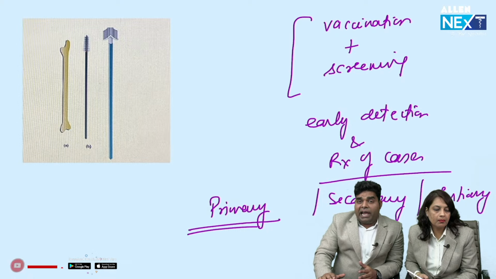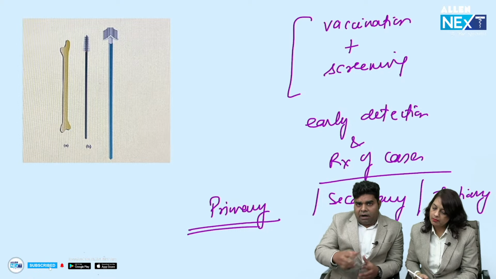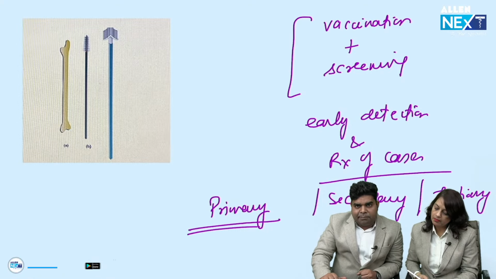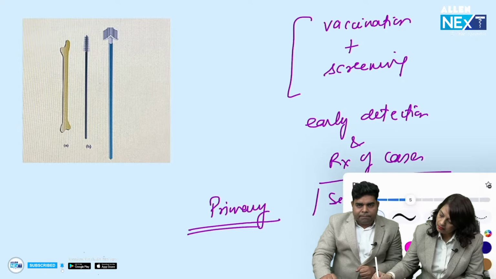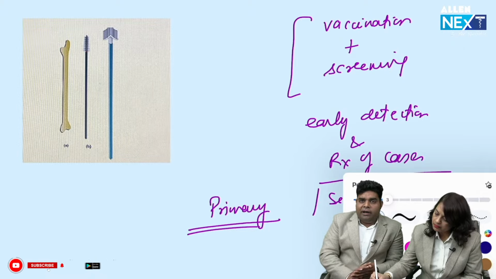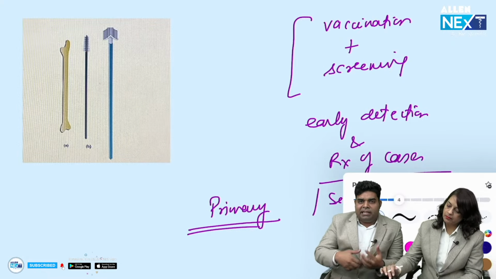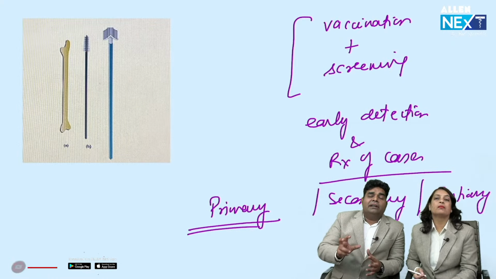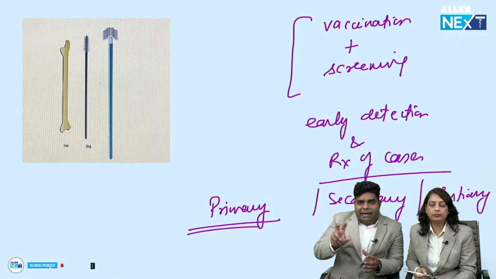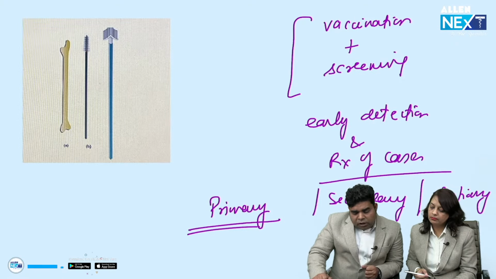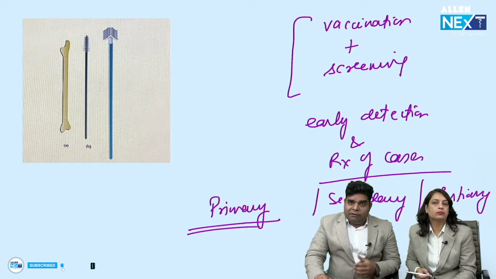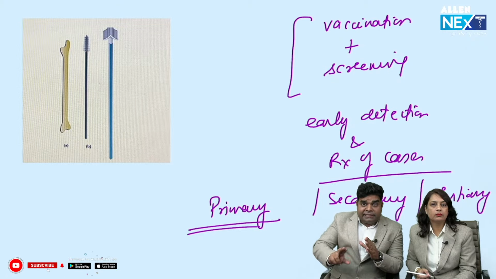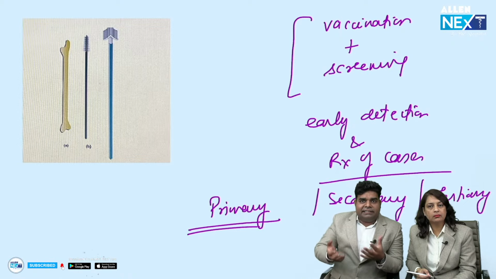In secondary level, we have screening, and early screening and treatment come under secondary prevention. Pap smear is screening, so of course it will be under secondary. And tertiary is for rehabilitation, that means making the person self-dependent, and prevention of disability, that is disability limitation. For example, the glasses which some of us wear for refractive error: glasses are not treating the illness, they are making us self-dependent.